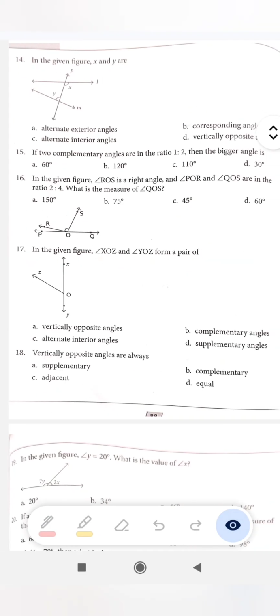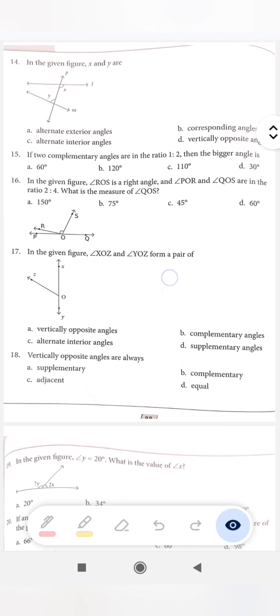Now come to the next page, question number 40. So here in the given figure, x and y are, okay, what are these two? So first of all, L and M are not parallel to each other. If they were parallel, then something could be equal. But as L and M are lines and P intersects them, which is known as the transversal line, here x and y are known as alternate interior angles.